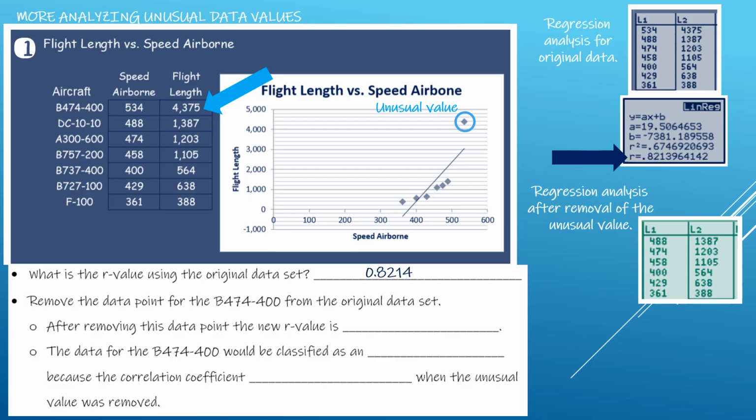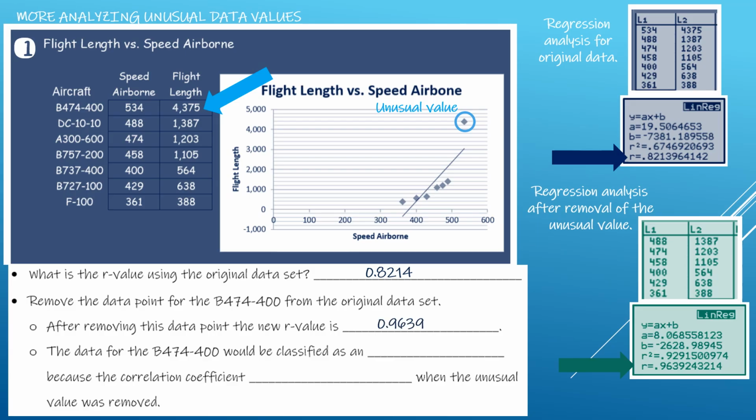So we remove that from the original data, and that gives us an R value that is stronger. So the data for that aircraft, the 474-400, would be classified as an outlier because the correlation coefficient was strengthened when that value was removed.